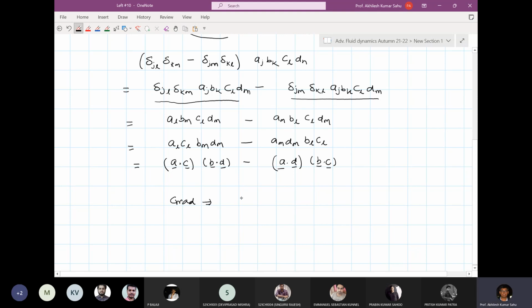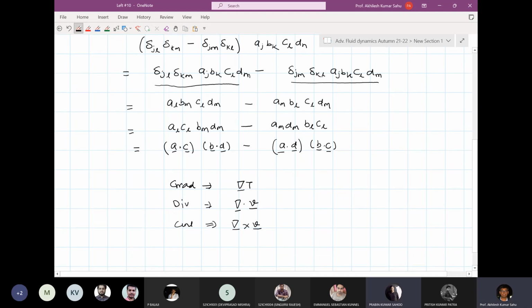Gradient is del operating on a scalar function. Divergence is del operating on a vector function via dot product, and curl is del operating on a vector function via cross product, right?